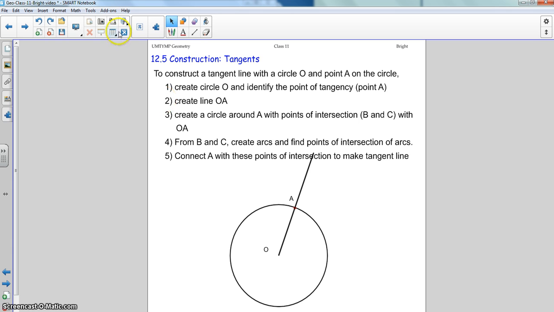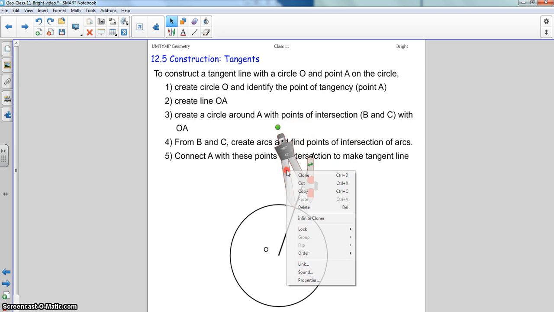Okay, and next I need to make a circle, so I get out my compass and I make a circle centered at A. I place the non-marking end at A and I create a circle using the compass of any radius. You can pick the radius. And then let's redo that. That doesn't look quite right to me.